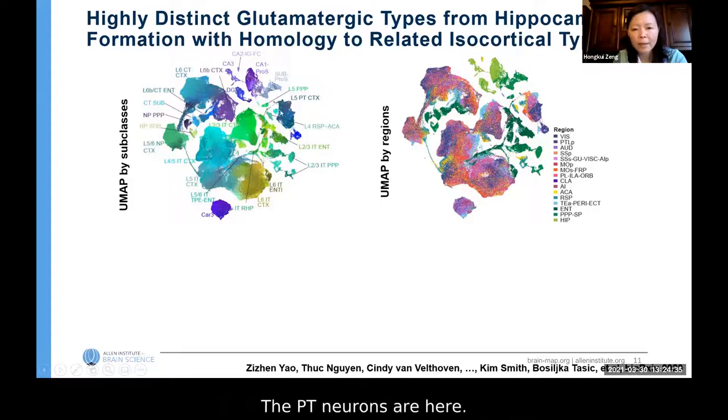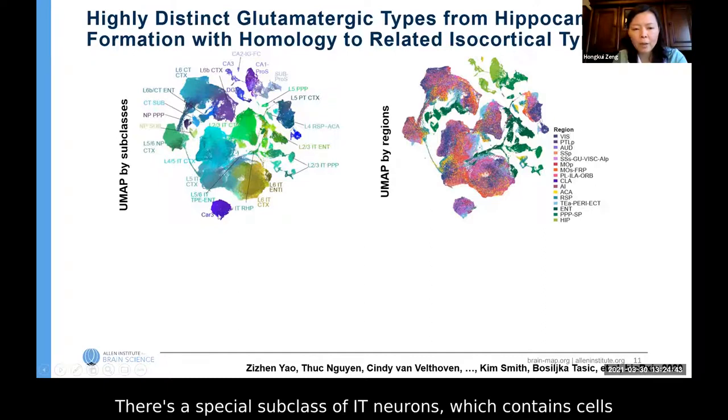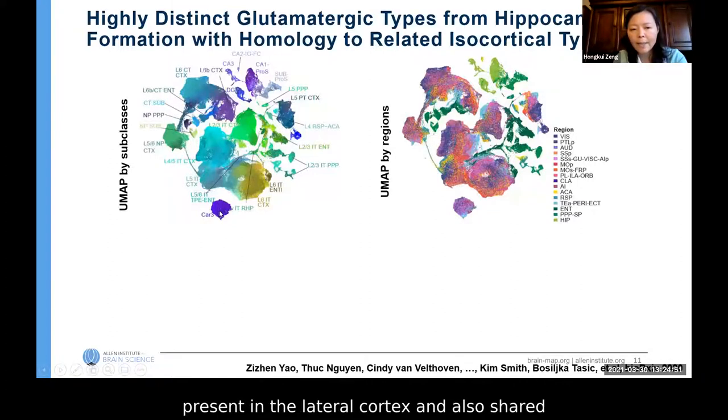The PT neurons are here. Layer 6 corticothalamic neurons are here, along with the layer 6b and NP neurons. There's a special subclass of IT neurons, which contains cells present in the lateral cortex and also shared with the claustrum, a small cortical nuclear region underneath the agranular insular cortex.